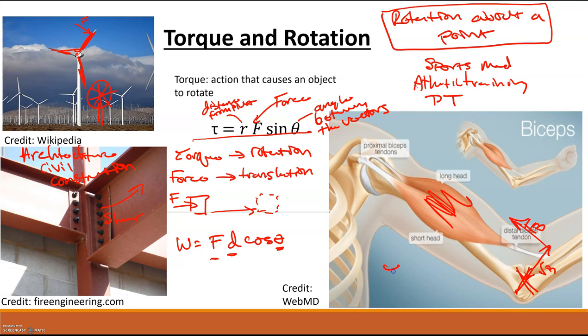And so the torque will just be equal to, and this is a 90-degree angle, the torque is equal to F bicep times the distance to the bicep from the elbow joint times the sine of 90 degrees. And so that's equal to 1. And so you're just left with this torque.